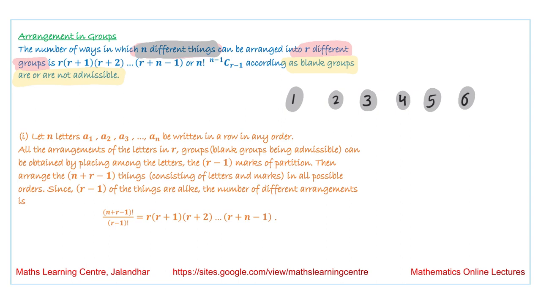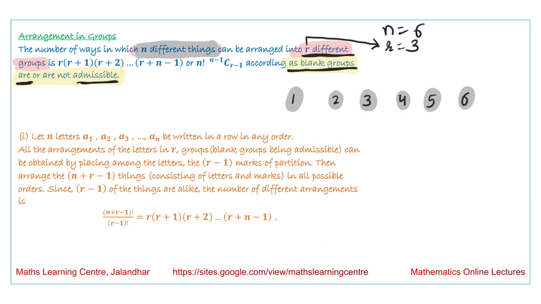We are saying the value of n is 6. Suppose the value of r is 3. That is, these things are to be arranged into 3 groups, and we are talking about the case where blank groups are admissible.